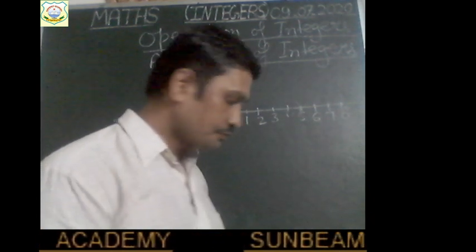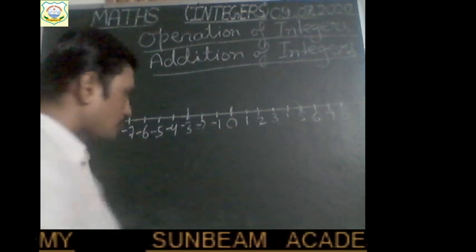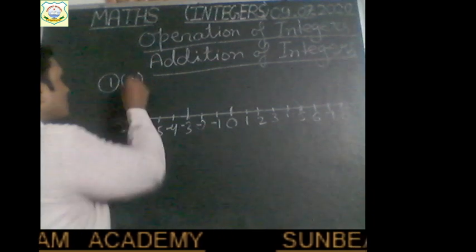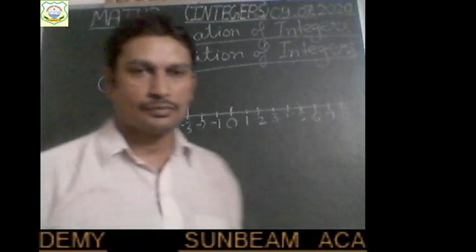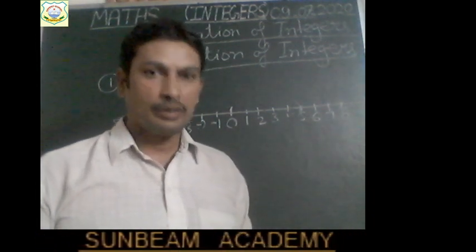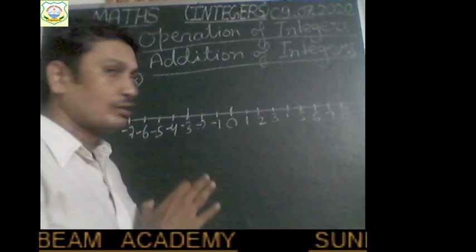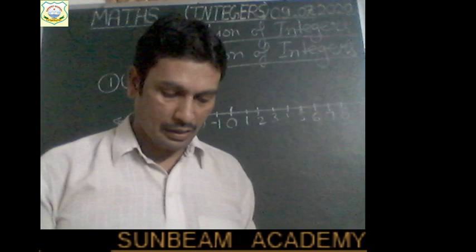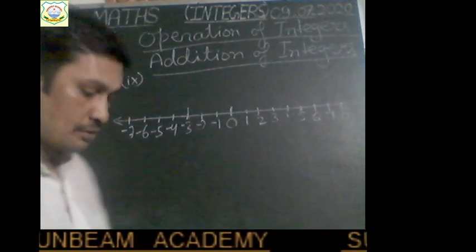This is the ninth part of question number 1. So you will see how it is solved, and at the same time you will solve the questions from your exercise also.